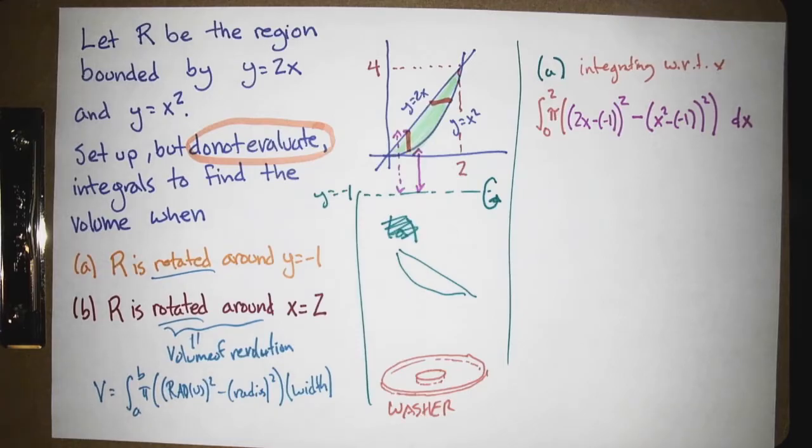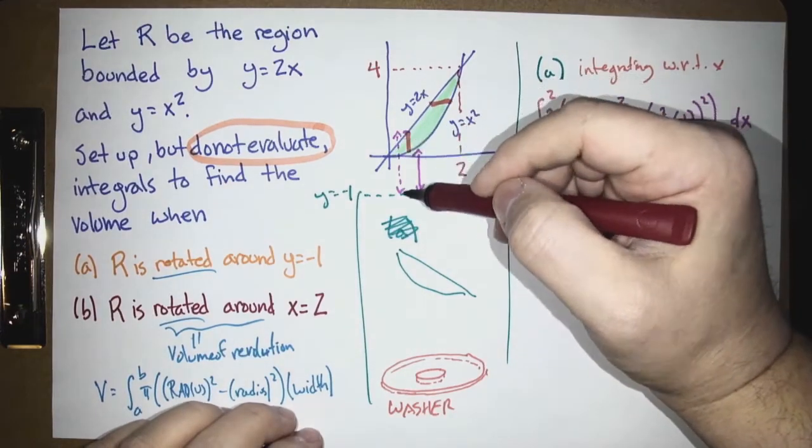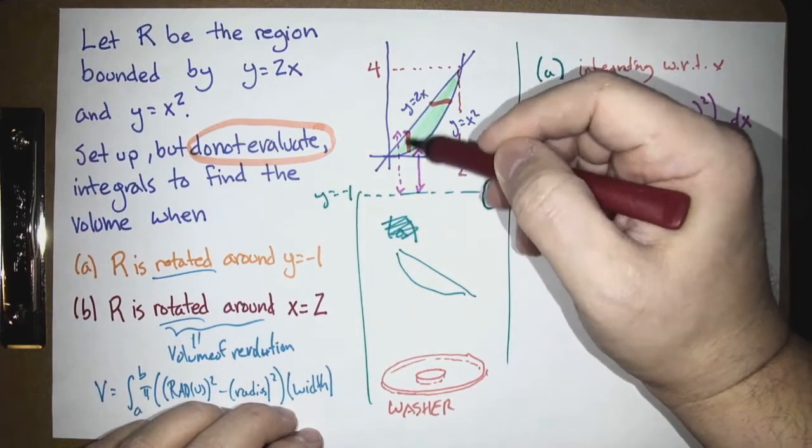When you picked which curve to pick as your first one, or which one was farthest, did you look at it as y equals 2x is above y equals x squared, and therefore that makes it the farther one? Not necessarily. Think about where you're spinning around, and ask which one is closer to where you spin and which is farther.